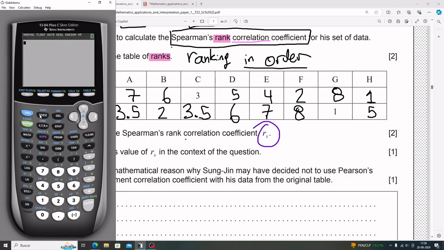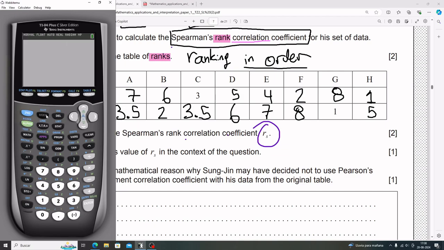You have to press mode and make sure that stat diagnostics is on. If stat diagnostics is off, and you follow the same procedure, you will come to realize that your R value does not appear.